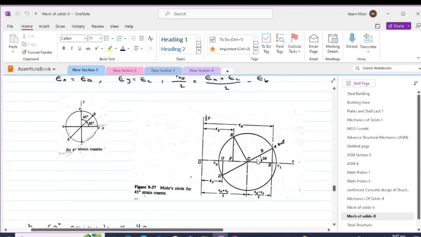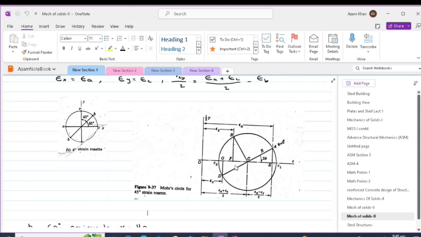The three strains are 45 degrees apart, and these will be represented by three radii CA, CB, and CD, which are 90 degrees apart as shown in this Mohr circle.